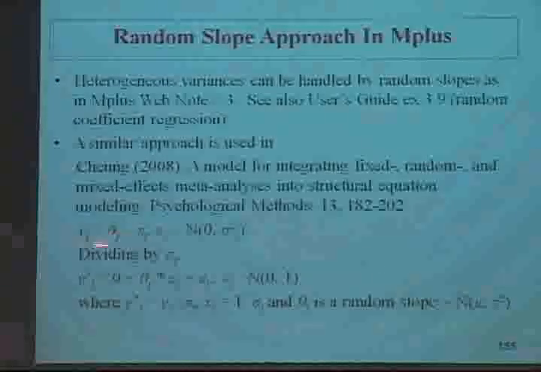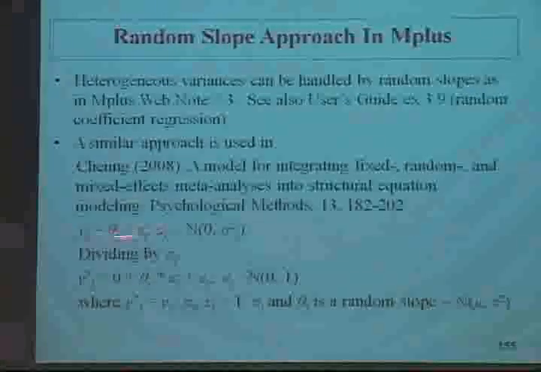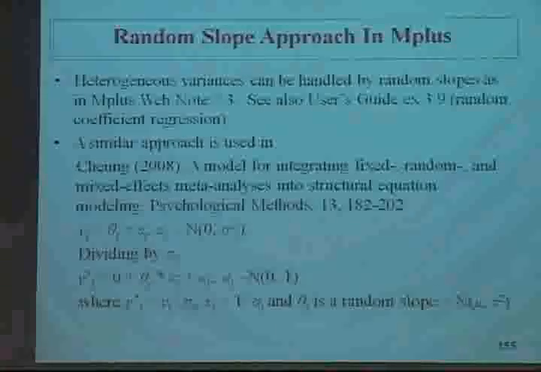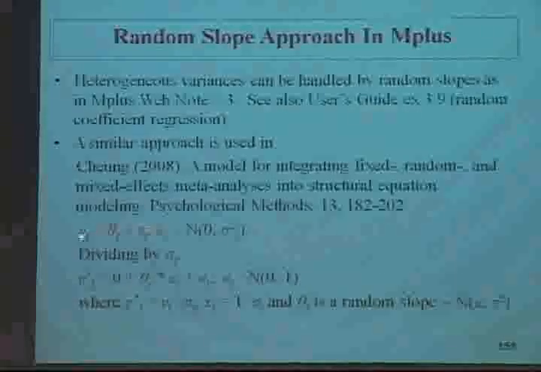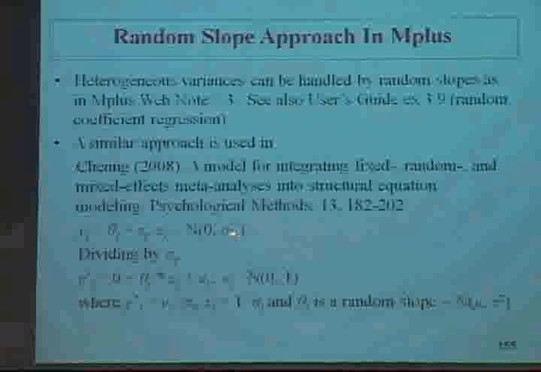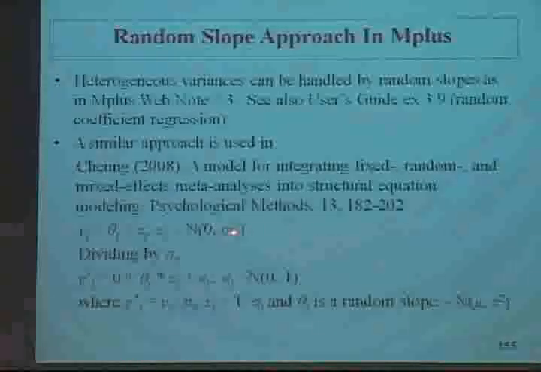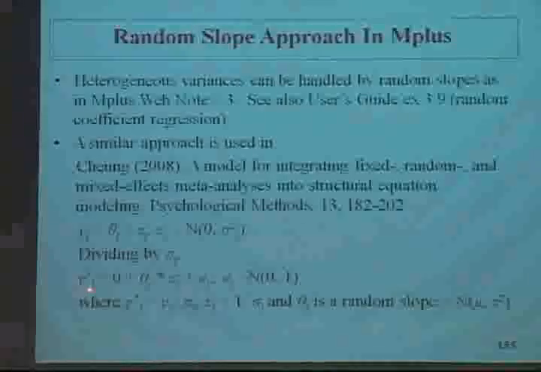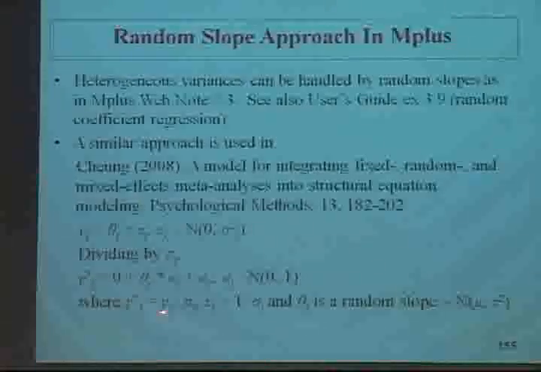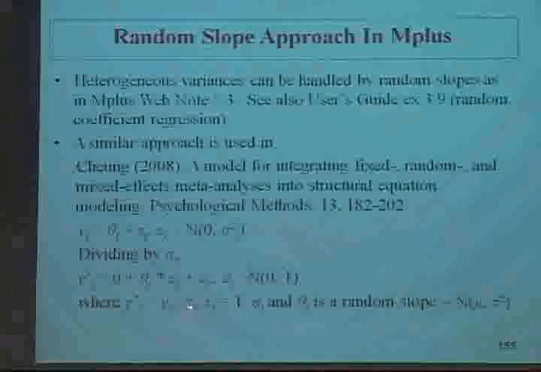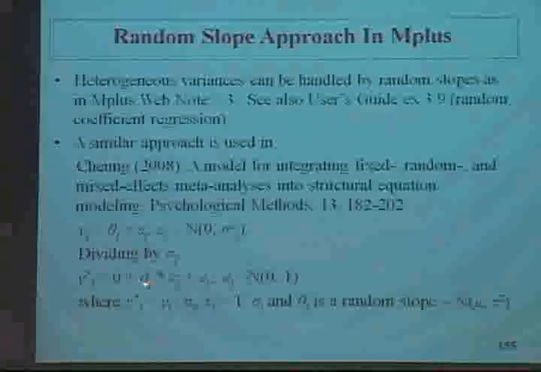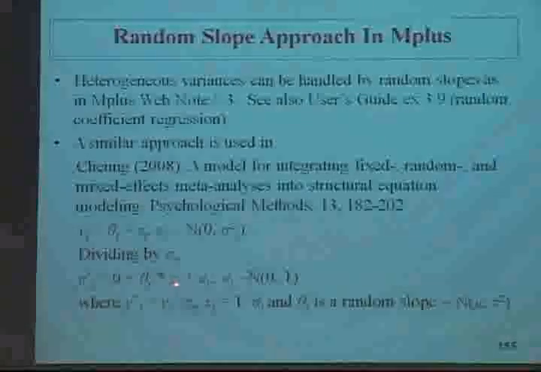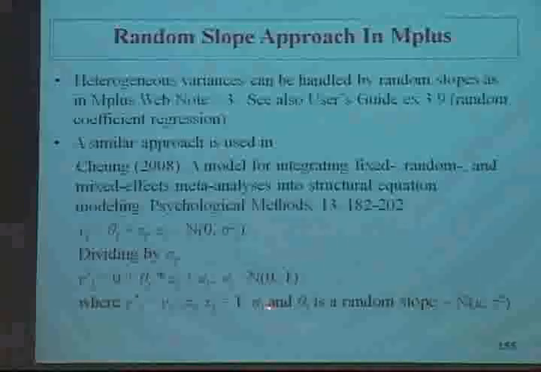Now what you can do here is divide both sides by the standard deviation of this known quantity, the sampling variance of study j. And you will get a y star j, which is y divided by sigma j. And instead of theta j, you get theta j times xj, where xj is simply 1 over sigma j.